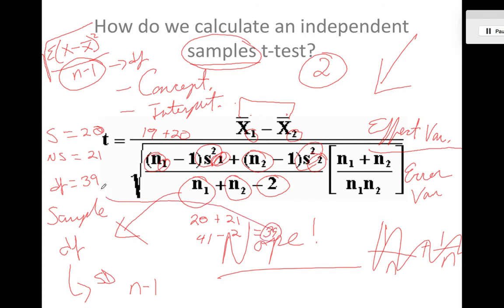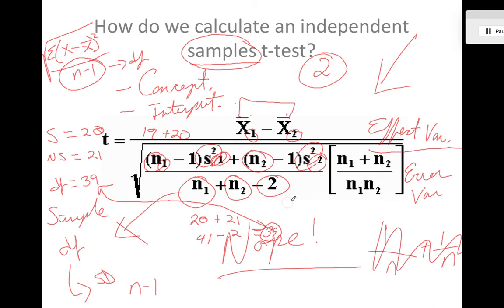So if you'll notice, in both cases, it doesn't really matter how you do it. Doing it like this, n1 plus n2 minus 2 gives me 39. n minus 1 for group 1 gives me 19. n minus 1 for group 2 gives me 20, giving me degrees of freedom of 39.